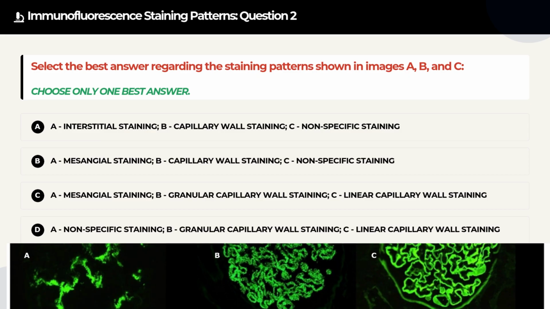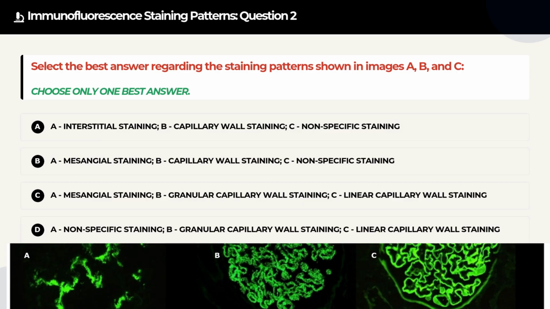Second quiz, immunofluorescence staining patterns. Select the best answer regarding the staining patterns shown in images A, B, and C. Option one: A, interstitial staining; B, capillary wall staining; C, non-specific staining. Or A, mesangial staining; B, capillary wall staining; C, non-specific staining.